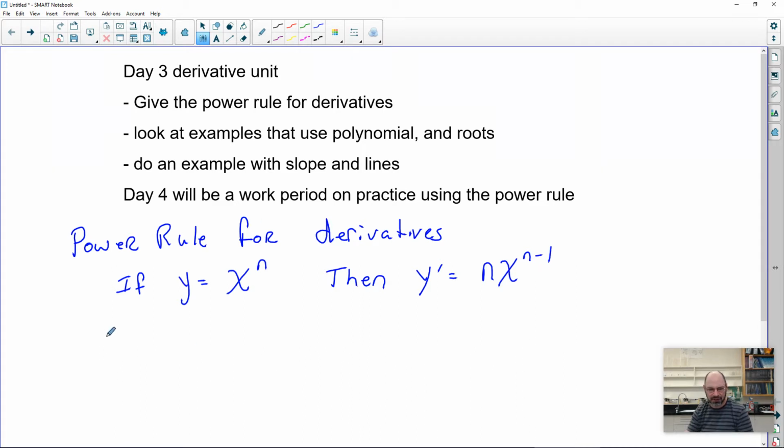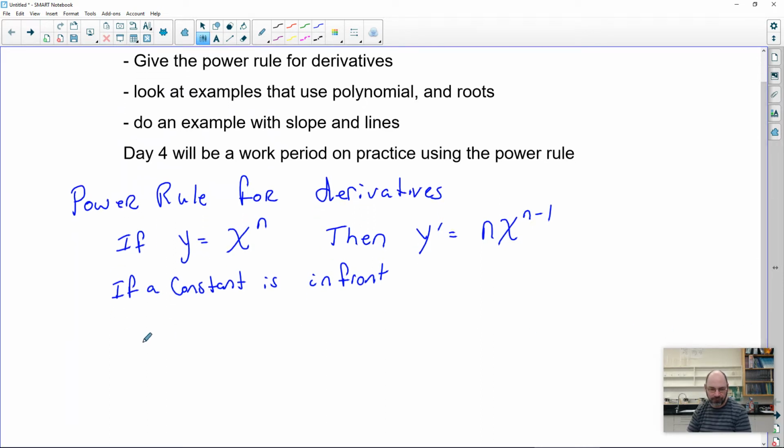Now, if you have a constant in front, like you have 3x or 4x or 5x or 6x, the constant stays in there as well.